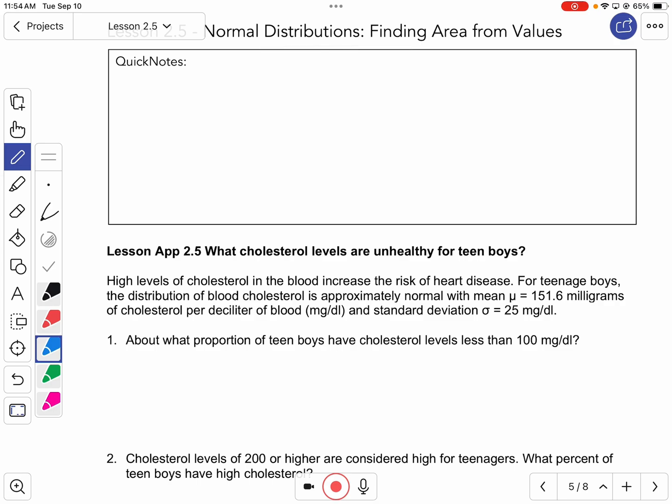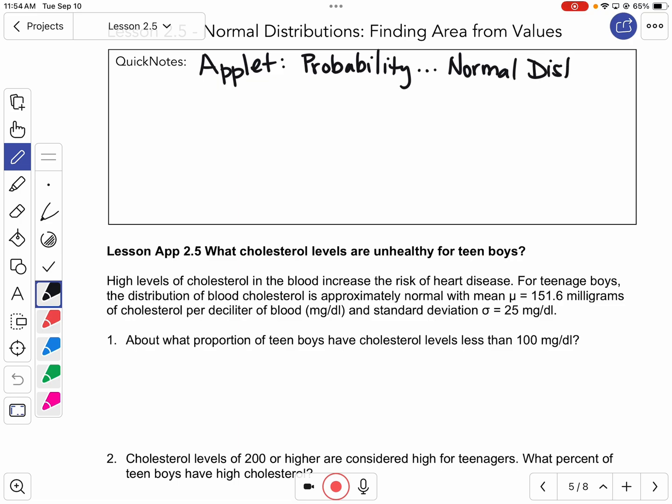And just to remember, under your applet, under probability, and then normal distribution. That's the applet we're going to use. So we want to be sure that we're using the right one every time.